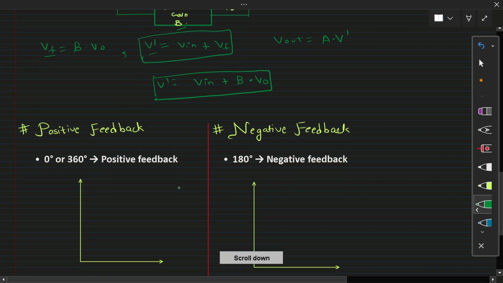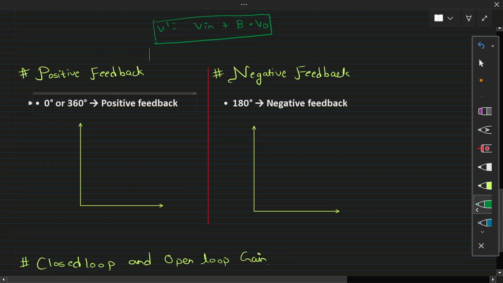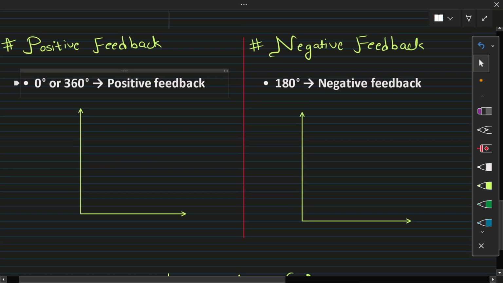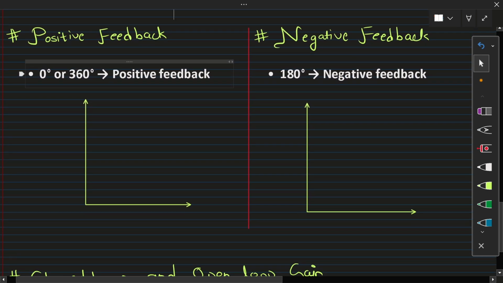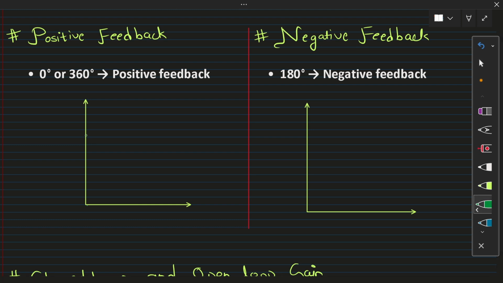Now let's see what positive and negative feedback are. If the feedback is positive, it means that the input voltage and output voltage are both in phase. If the V in has a phase of theta, then the V output will also have the same phase theta.